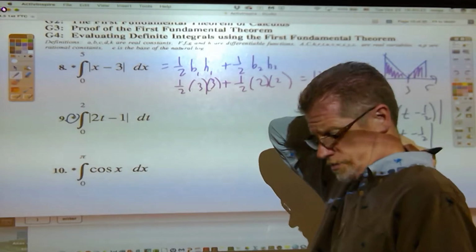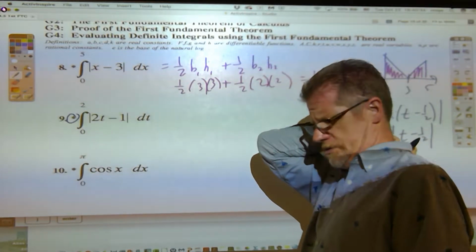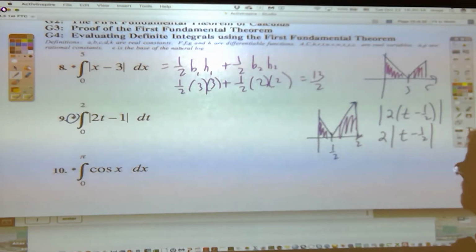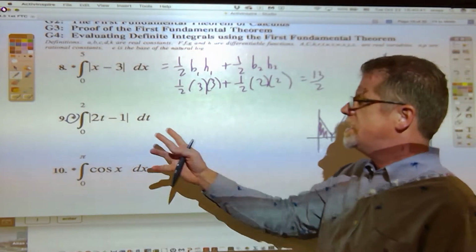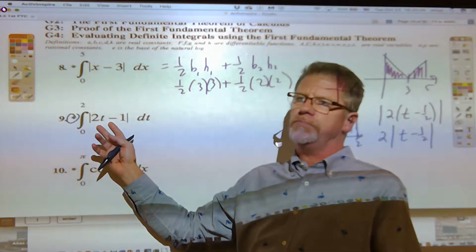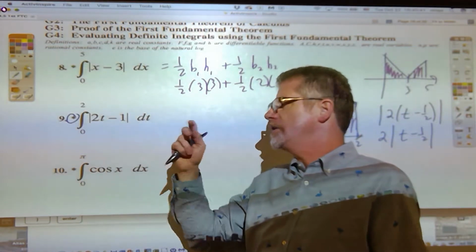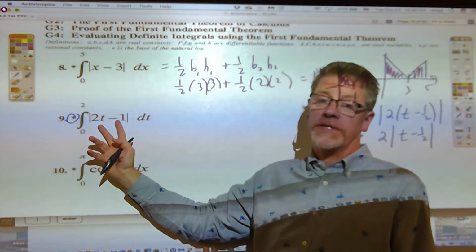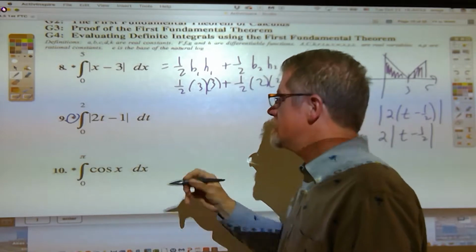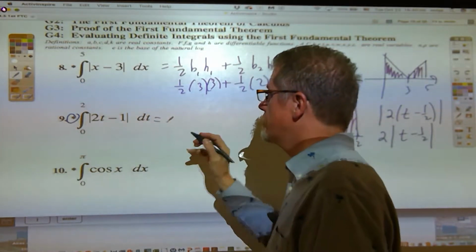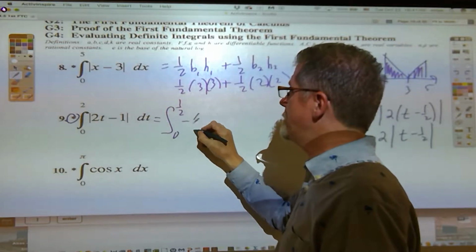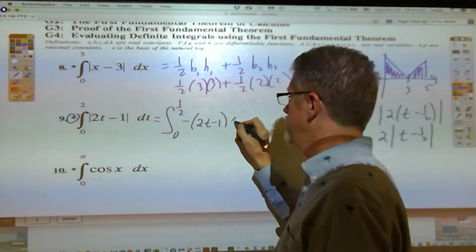Blob just means expression in this case, 2t minus 1. For t values less than 1/2, it's negative, so we take the opposite of it to get its absolute value. We take 2t minus 1 and shed the absolute value with impunity for t values greater than 1/2. So this is really going to be broken up into two problems. From 0 to 1/2, we're going to take the opposite of the blob.